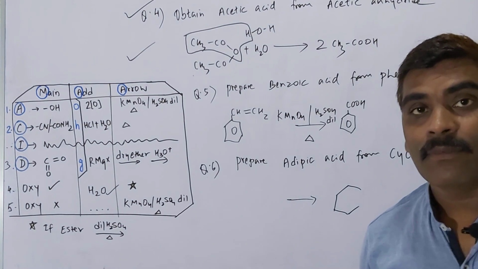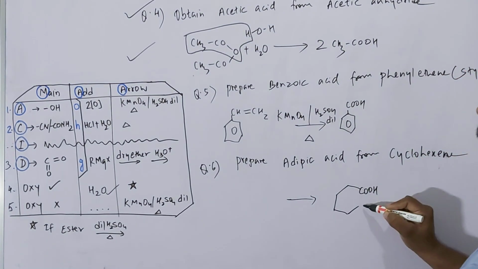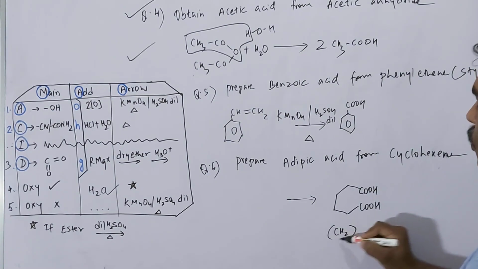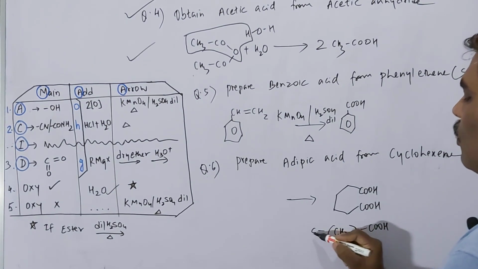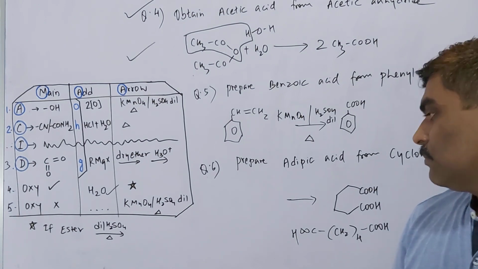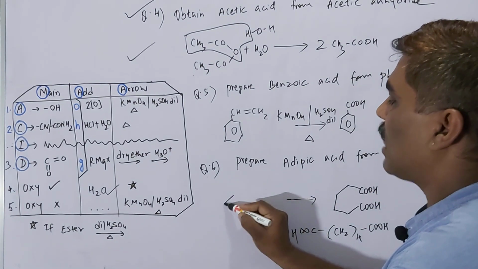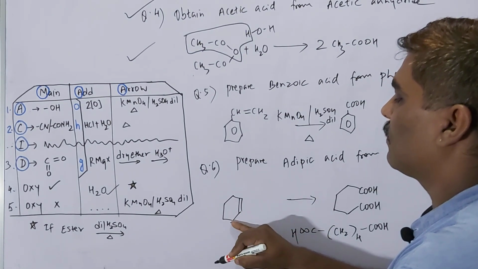How to write adipic acid? Adipic acid is COOH here, then CH2 4 times, and here also a carboxyl group. That is adipic acid. This we want to prepare from cyclohexene. So cyclohexene is this.